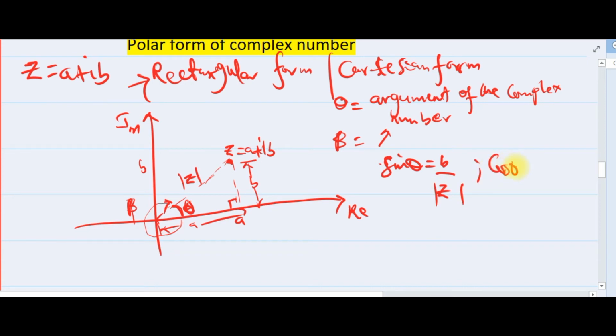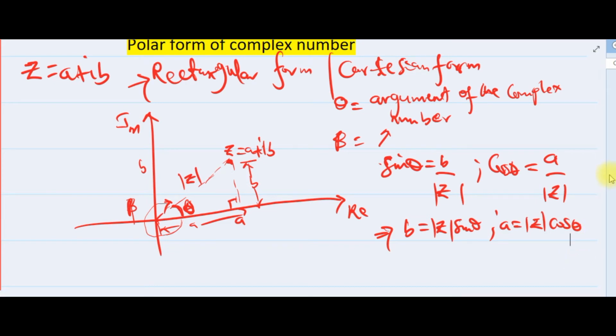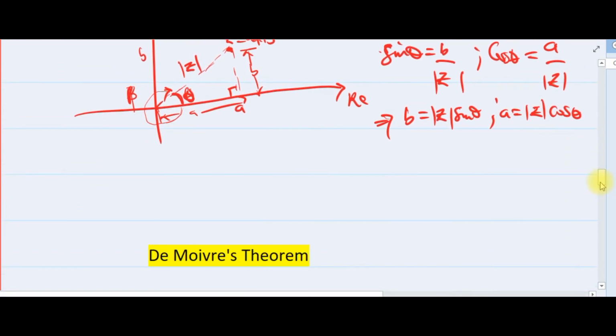Again, our cos theta is what? Adjacent over hypotenuse, so a over z bar. Making b the subject of the formula, b is now z bar sine theta, while a is z bar cos theta. So let's go over to our Cartesian representation and substitute this.